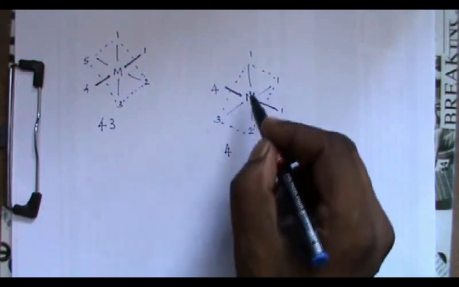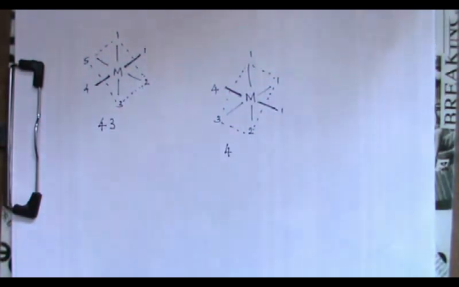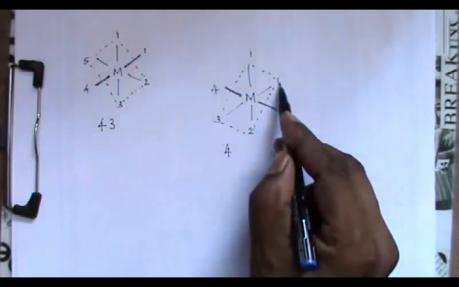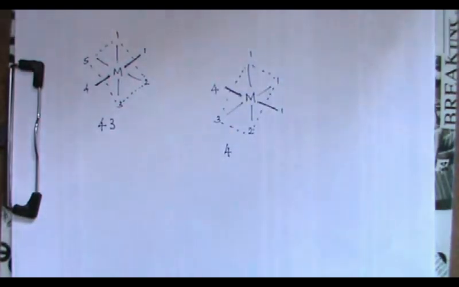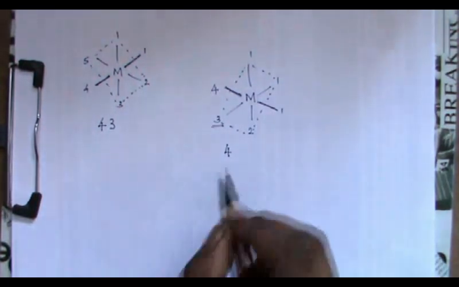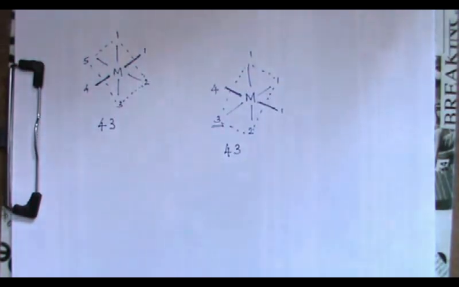Whether I have to consider 2 or 3. Again, the rule is very simple. Opposite to this, I have 2. Opposite to this, I have 3. So according to the rule, the highest priority should be taken. So the configuration number for this particular complex is 4, 3.